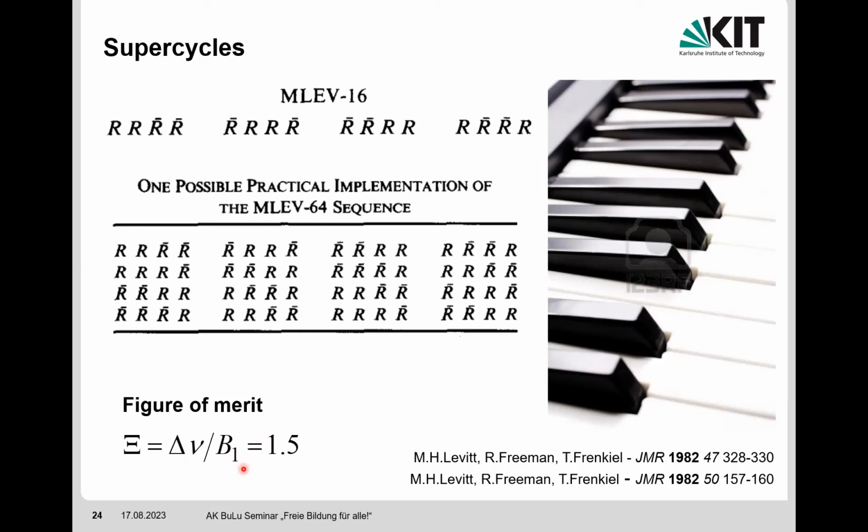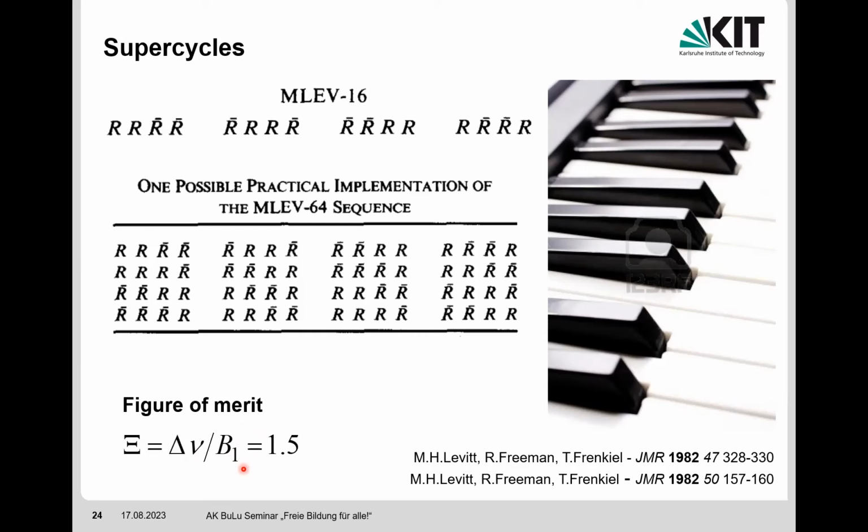You know, the shorter your pulse is, which means the higher the RF amplitude is, the higher the B1 field is, the wider is the spectral width that you can address. So the actual bandwidth scales linearly with the B1 field you apply for the decoupling.